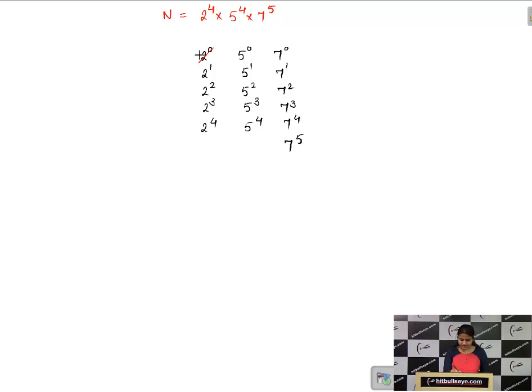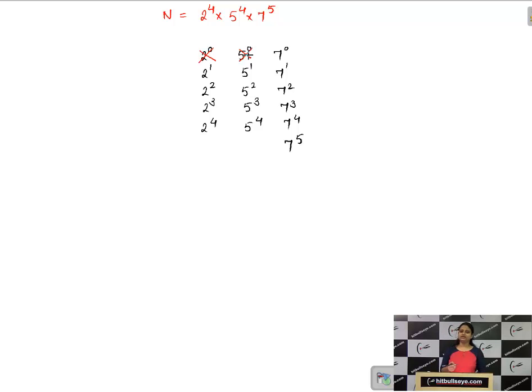We cannot take 2 raised to power 0 as well as 5 raised to power 0. Why so? See, my factor should end in 0. It means it should be 10 into something. So this 10 can be broken into two parts. It will be 2 into 5. So we need at least one 2 and at least one 5 in the prime factorization.